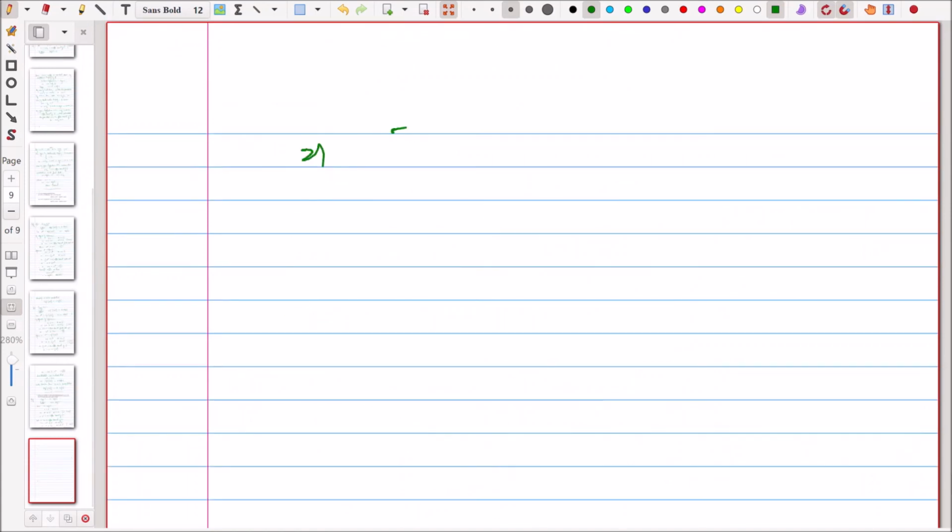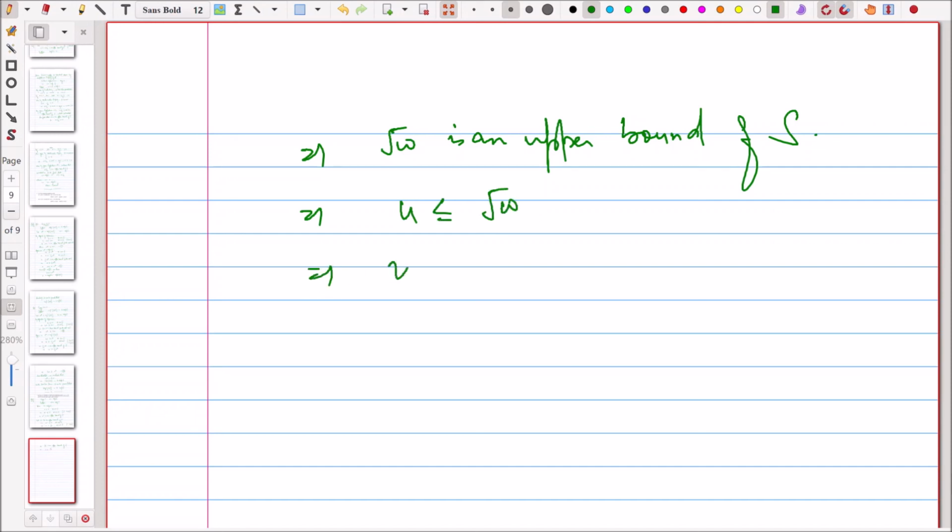So this implies root W is an upper bound of S, and this implies U is less than or equal to root W. So this implies U square is less than or equal to W. Again, since U is greater than 0, we can square it and the inequality will be preserved.